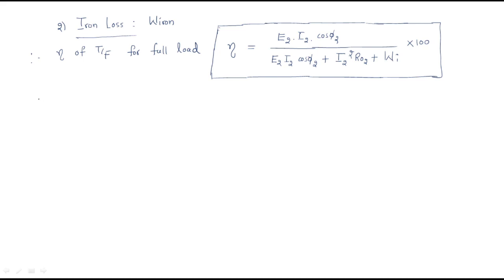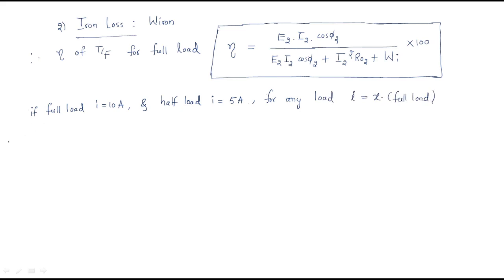For example, if full load equals 10 amps and the half load of the transformer gives 5 amps, then for any load, the current will be written as X into full load current.